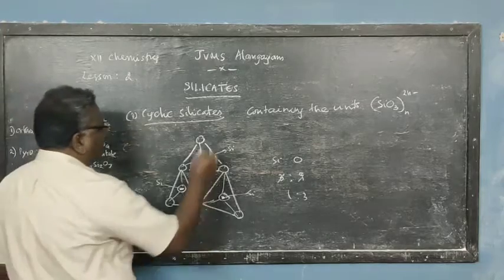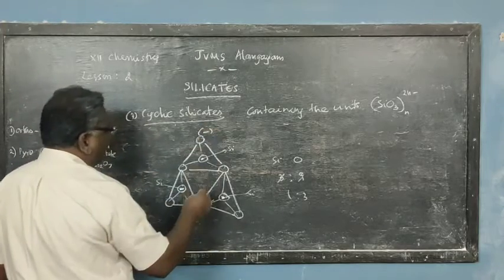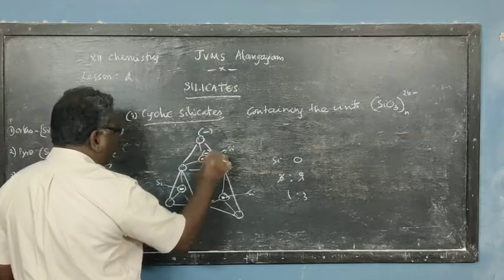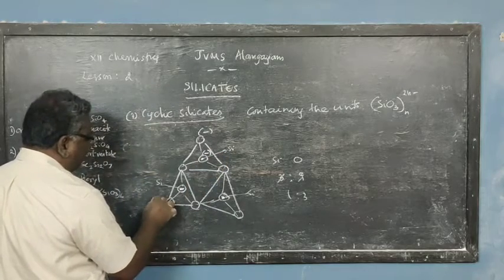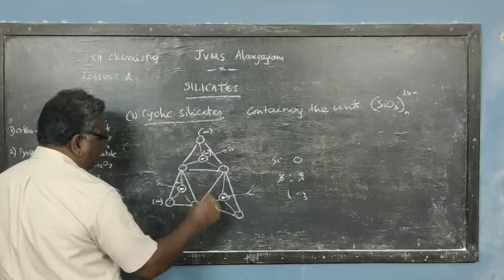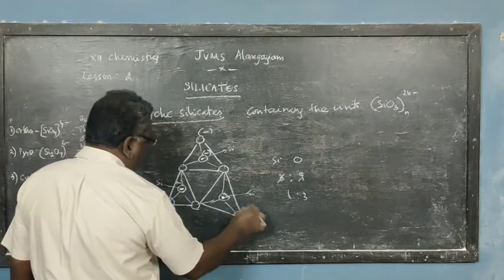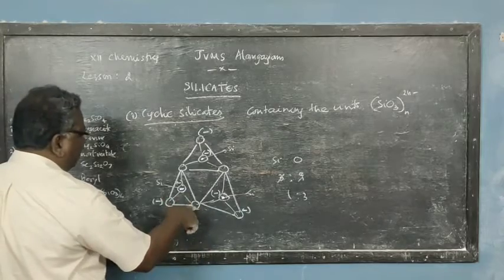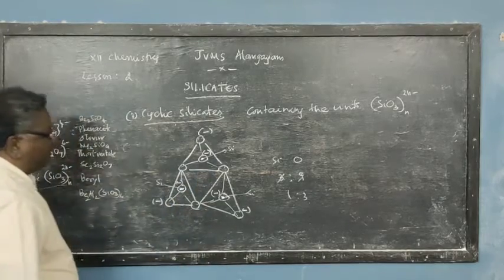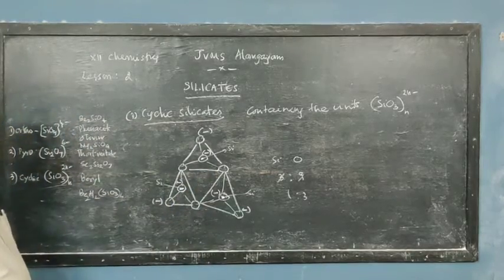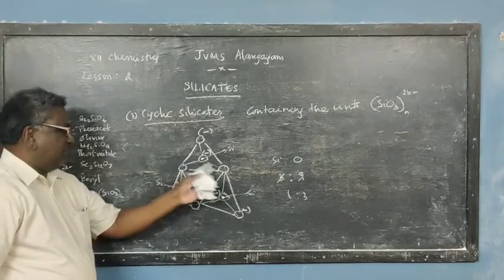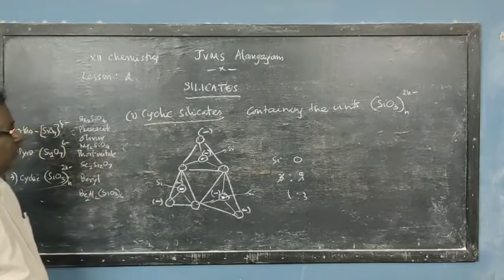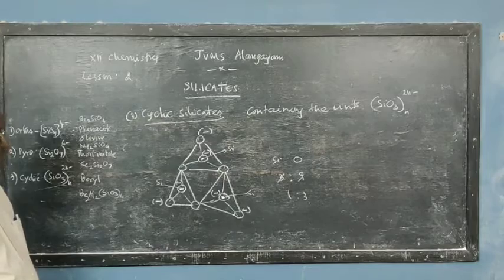How to put the charge? Minus charge here, minus charge here, minus charge here, minus charge here, minus charge here, and minus charge here, right? But not for these 3 oxygen atoms, right? So here, every oxygen atom is being shared by 2 different SiO4 units.